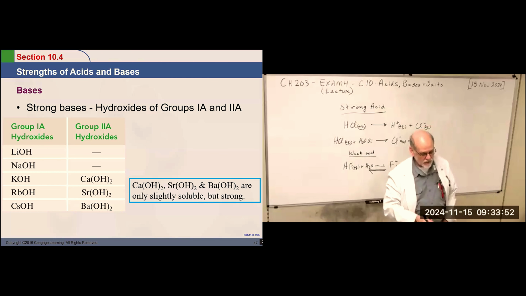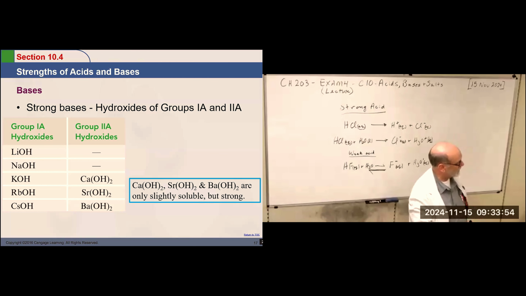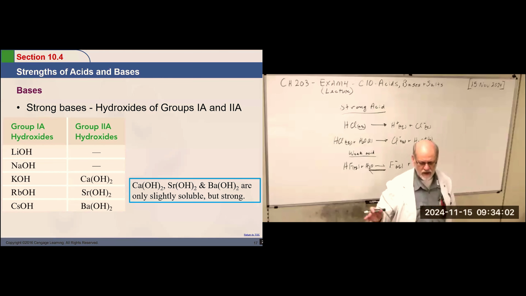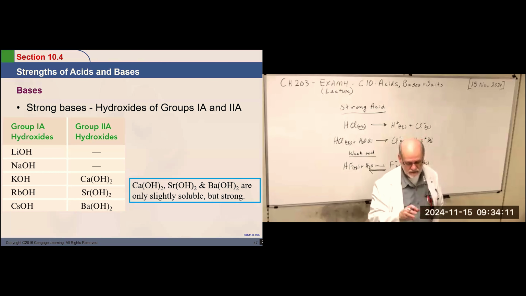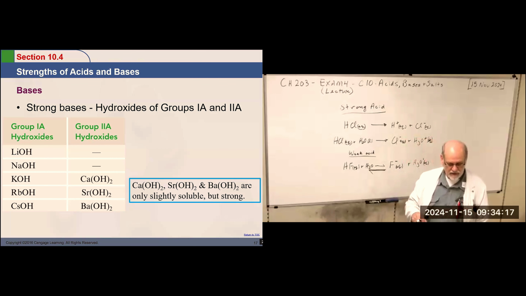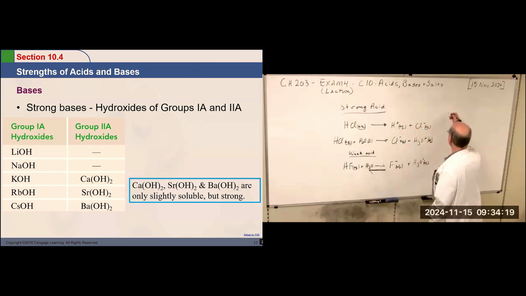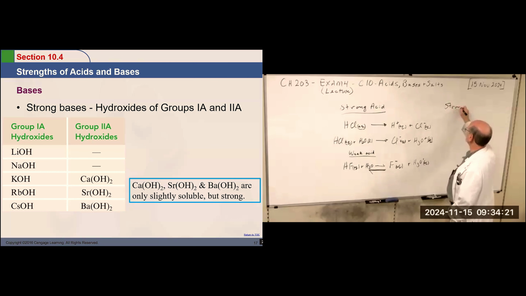So all the alkali metals and a couple of the alkaline earths: lithium, sodium, potassium, rubidium, cesium, all the alkali metals are strong, and calcium, strontium, and barium hydroxides are strong, but there's a caveat.